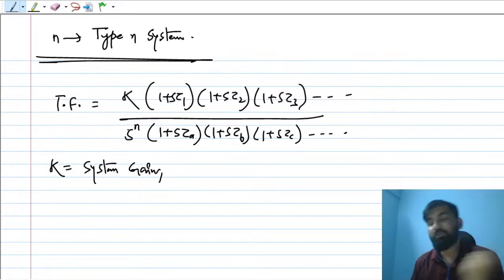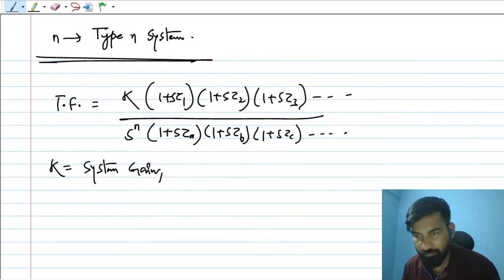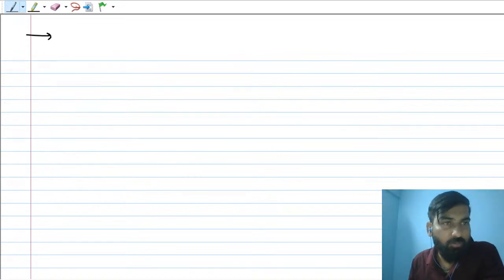What is the meaning of the type of the system that you have to understand? What is the importance of the type of the system? What does the type of the system tell?